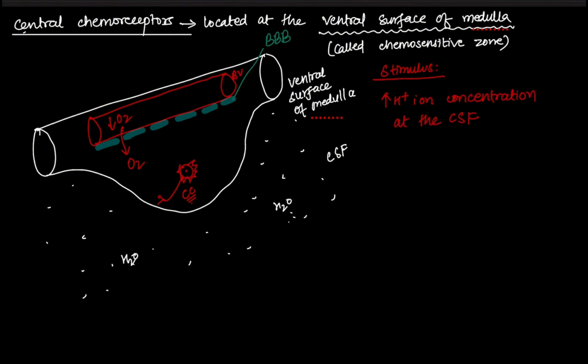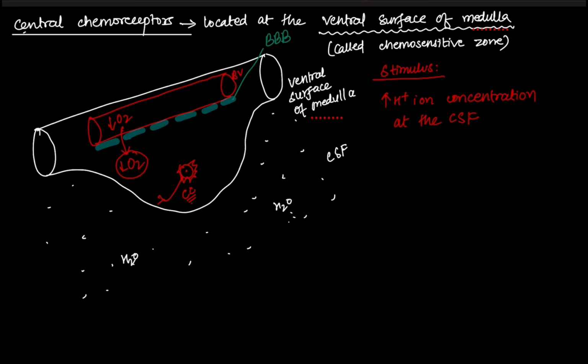But even though it diffuses through the blood brain barrier, this decrease in oxygen will not be able to stimulate the central chemoreceptors, because there are no oxygen sensitive potassium channels at the level of central chemoreceptors. It's very important, right? At the level of peripheral chemoreceptors, there was the presence of glomus cells. These glomus cells had oxygen sensitive potassium channels.